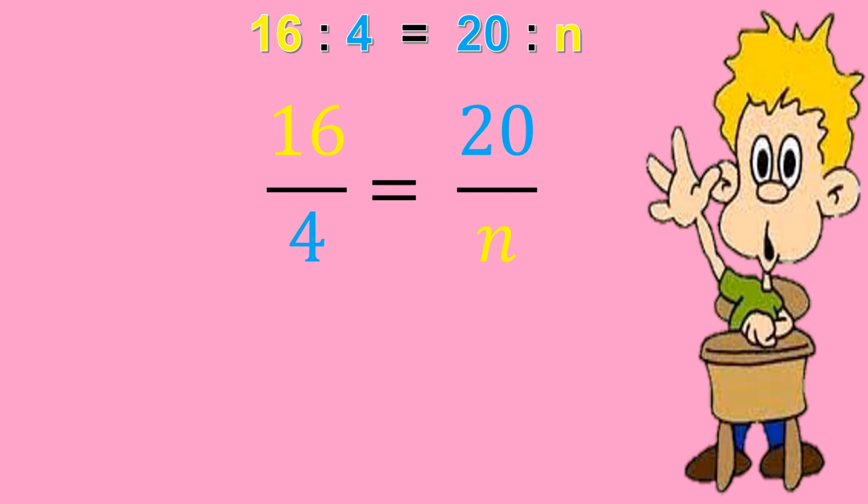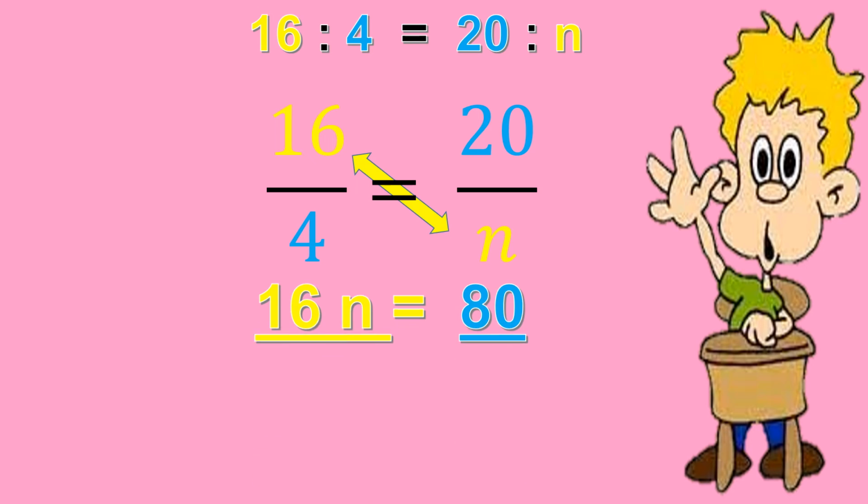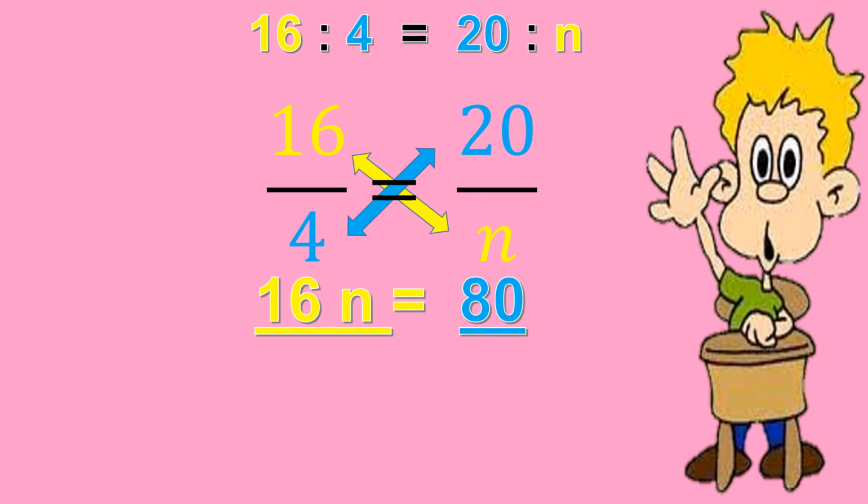Let's multiply. Multiply the extremes. 16 times n equals 16n. Next, the means. 4 times 20 equals 80.